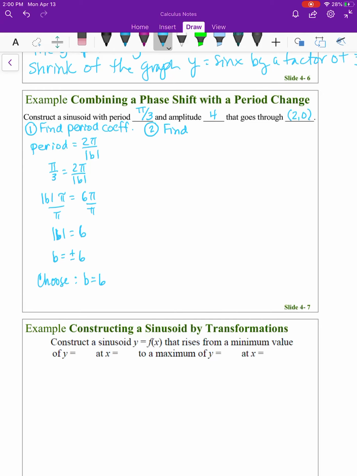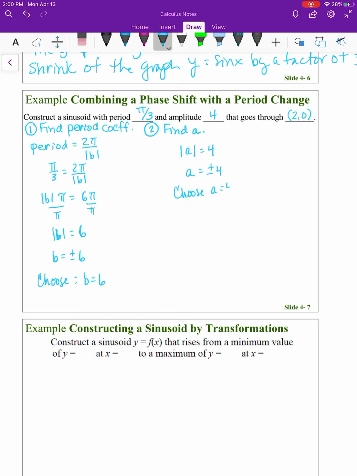Okay. The second thing we're going to do is we're going to find the amplitude. And really, they've given us the amplitude. So we're not actually finding amplitude. We're actually finding A. Because when they give us that the amplitude is 4, that means that the absolute value of A is 4.